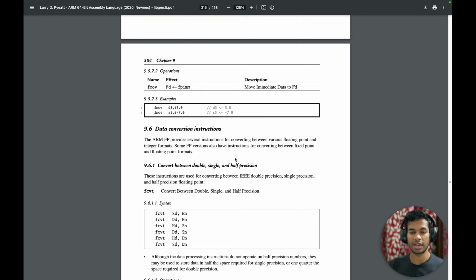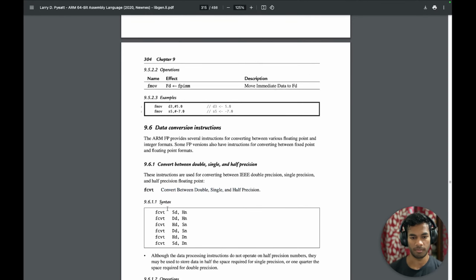or non-IEEE standard. Convert between double, single, and half precision. These instructions are used for converting between IEEE double precision, single precision, and half precision floating point. FCVT: floating point convert between double, single, and half precision.